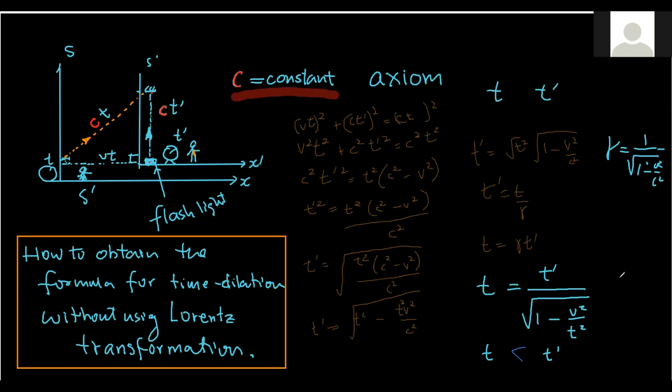Because gamma is larger than 1. It's not smaller. The reason it is larger than 1 is that we always take something away from 1 in the square root. So time is longer. Do you agree? So time appears longer.